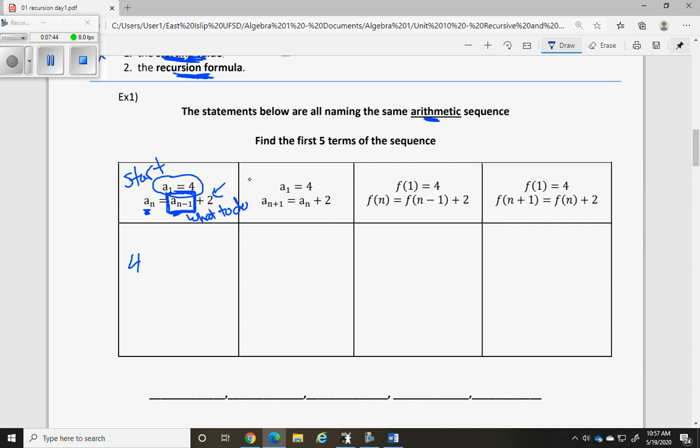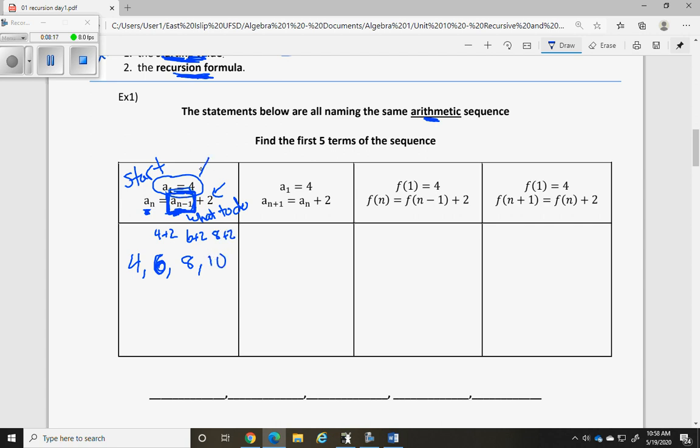This tells me what to do. This tells me add on 2 each time. So what I know is a 4, and then I add on 2, so my next number is a 6. Now I know the 6, so now the 6 takes the place of this box. I know a 6, and I add on 2, so I get an 8. Now I know an 8, and I add on 2, so I get a 10.